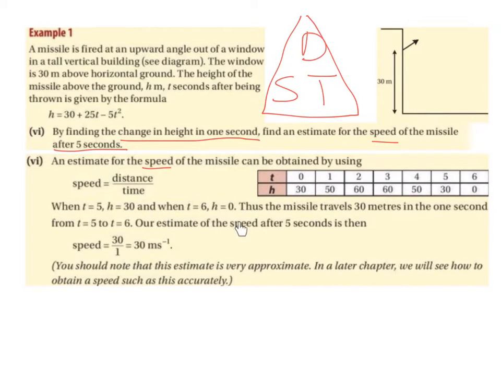Our estimate of the speed after 5 seconds is then speed equals distance divided by time, distance being 30 meters, time being 1 second, and 30 divided by 1 is 30. So 30 meters per second. You should note that this estimate is very approximate. In a later chapter we will see how to obtain a speed such as this accurately.